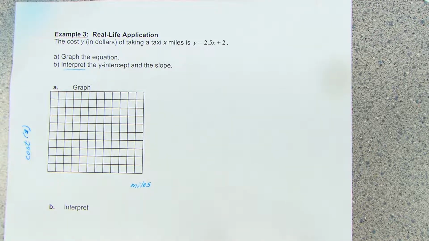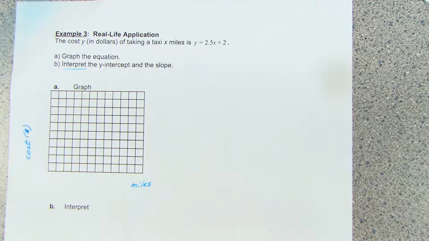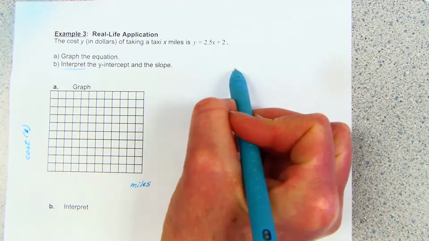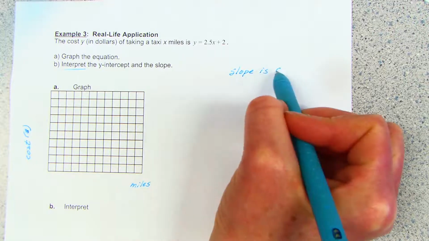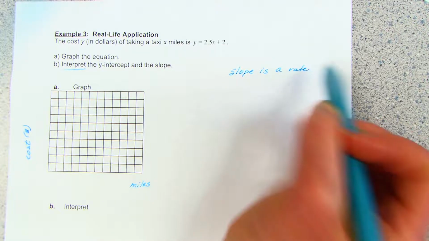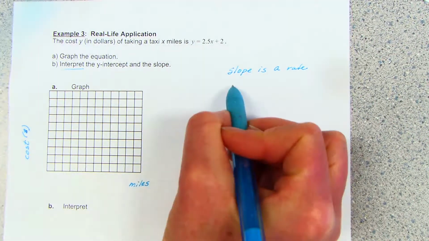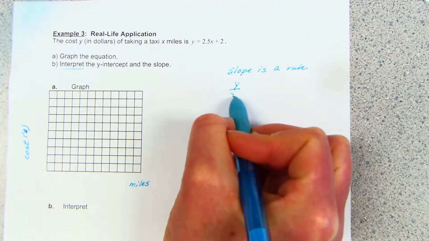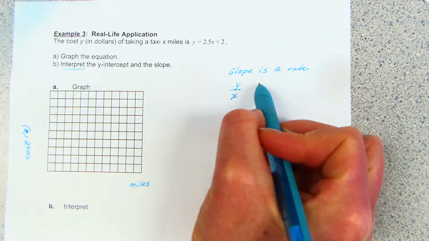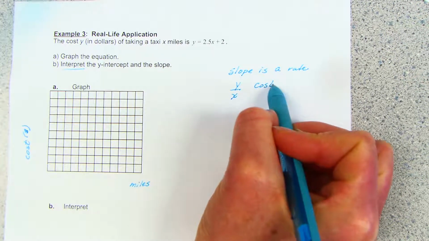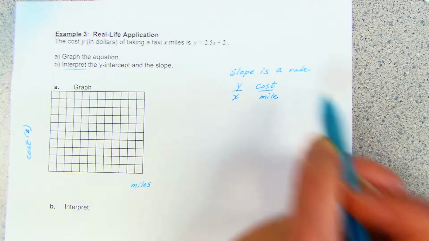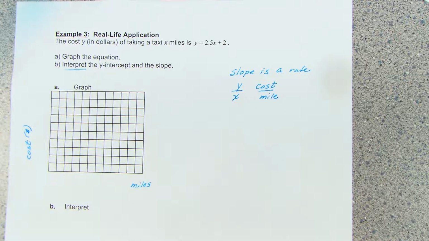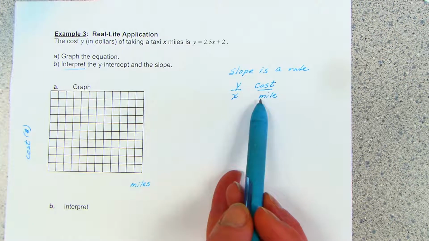Remember that a slope is a rate. Right? It's the rate. It's the y over the x. It's the cost per mile. Oh, that's what slope means. It's a rate that tells you the cost per mile.